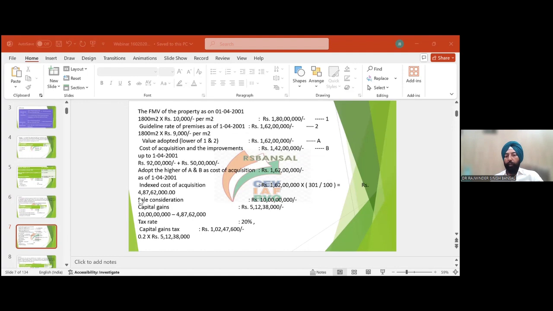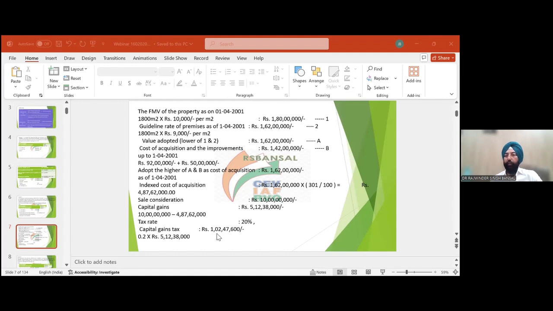It comes out to be 4 crore 87 lakh 62,000. And sale consideration is 10 crore. So capital gain is 10 crore minus 4 crore 87 lakh 62,000. It comes out to be 5 crore 12 lakh 38,000. So calculate tax on the gain at the rate of 20%.